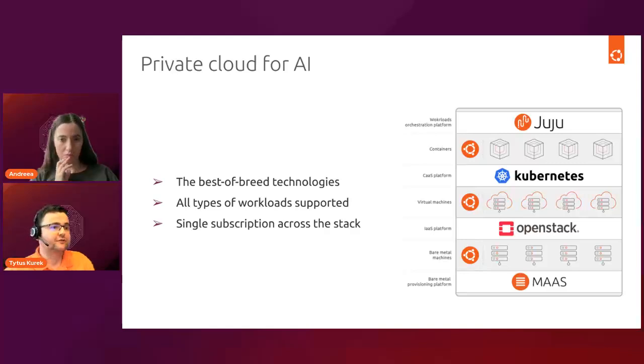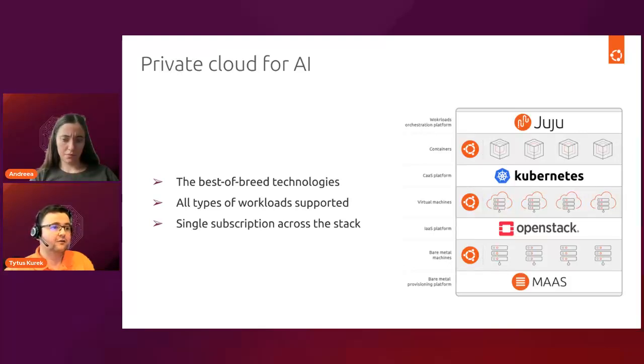And we use Juju on the top that was mentioned previously, right? The good thing with this stack is that it provides all types of workloads, basically, right? Starting from bare metal through virtual machines up to containers, so you can get all types of workloads supported under a single platform.